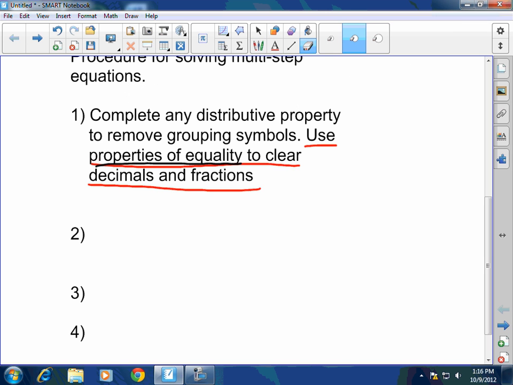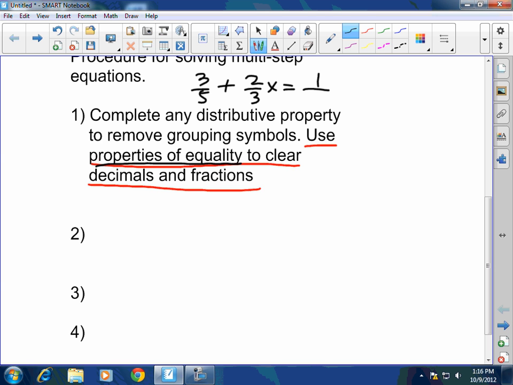And then how do you guys remember how to clear fractions? For example, if I got 3/5 plus 2/3 x equals 1, I don't know, tenths. Okay, you guys are saying reciprocal, and that's wrong. Reciprocal would be if I have a one-step equation like this.